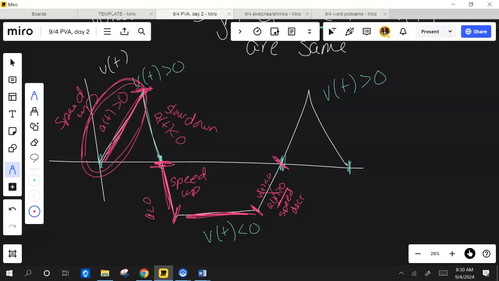So speed's decreasing. Because that doesn't matter. It's the signs of the acceleration and the velocity. Because I'm not asking you how fast is it going. I'm not asking you the speed of it. I'm asking you, is it speeding up or slowing down?